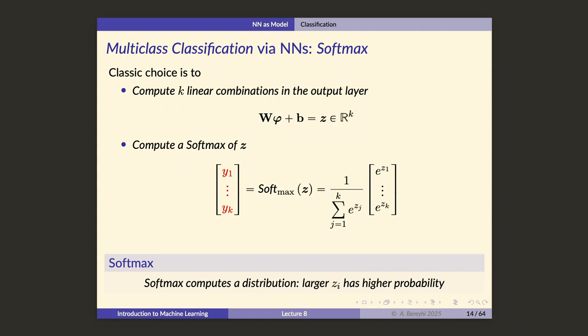So it's not doing anything weird for you. So once you computed these z values, it's going to say that, okay, z1 is the largest value, so I'm going to give it the highest probability. And maybe the next one is zk, so it's going to get the next highest probability, and so on till the last one, right? But the whole trick is that it's really computing a probability distribution, right?